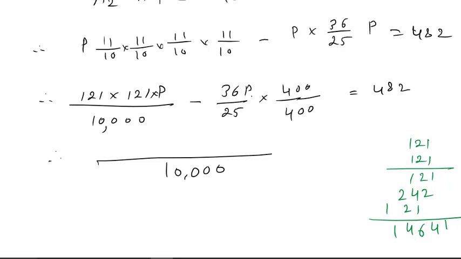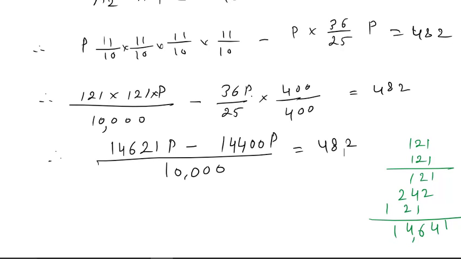So 14,641. So this calculation is 14,621 P minus 36 into 400. So 2 zeros will be there. Then 4 6s are 24, 4 3s are 12, 12 plus 2 is 14 times P, and this is 482.